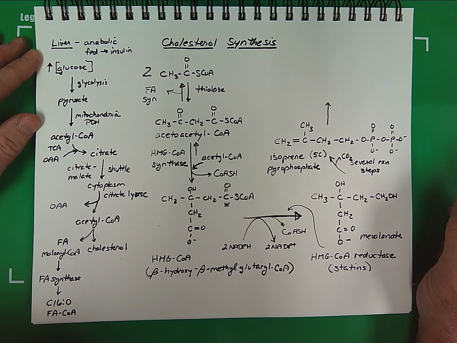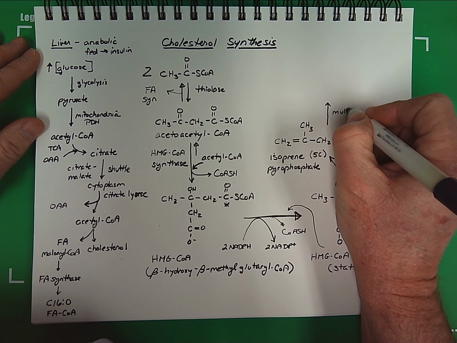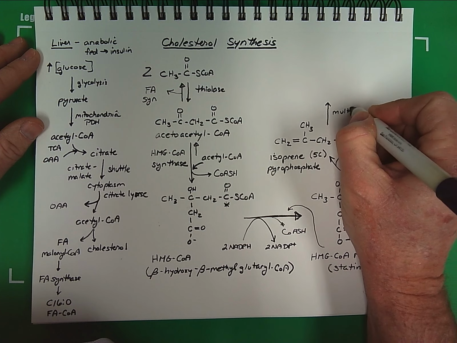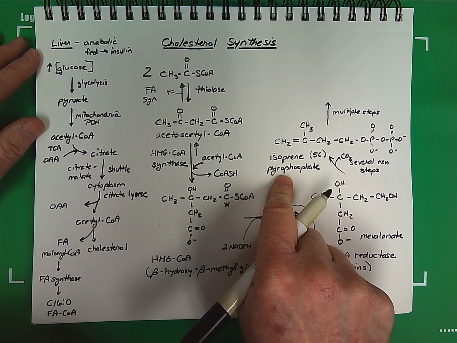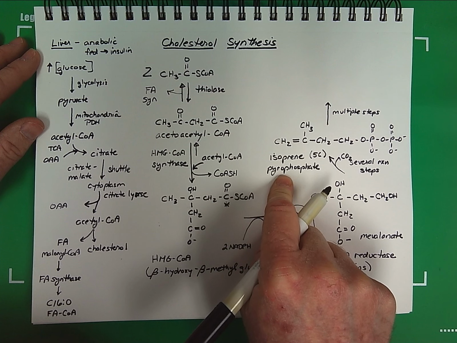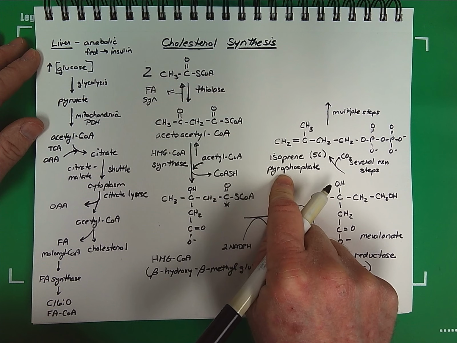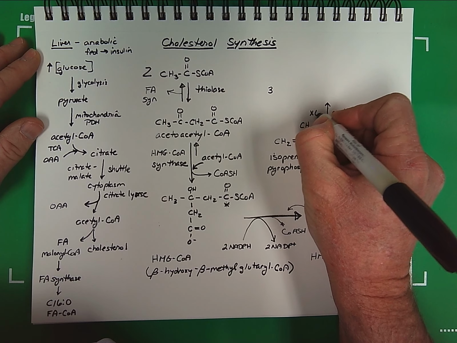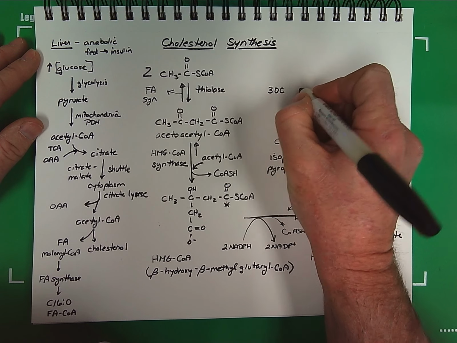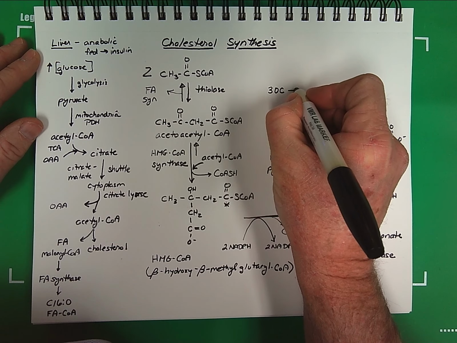The next step, again multiple steps, is going to be taking 6 isoprene pyrophosphate units and condensing them into a 30-carbon molecule.